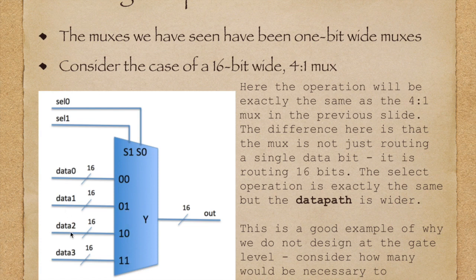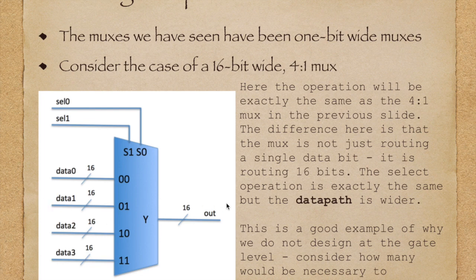And then we have our 4 data options, each of which is 16 bits wide. So if this is 0 0, what this means is the pattern that is on data 0 will show up on the output. If we switch this to 0 1, then the pattern on data 1 shows up on the output.